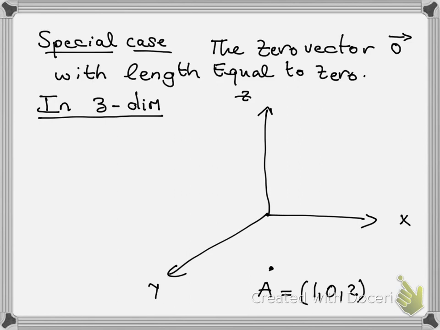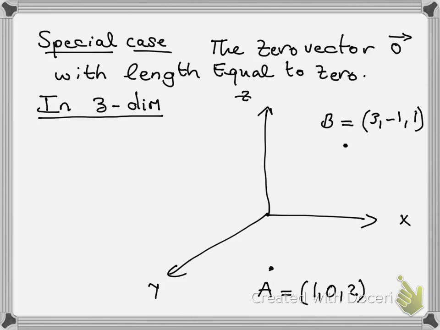So x is 1, y is 0, and z is 2. Now let's say you have another point, the point B, with coordinates 3, -1, +1.